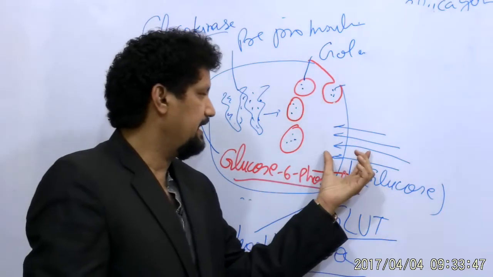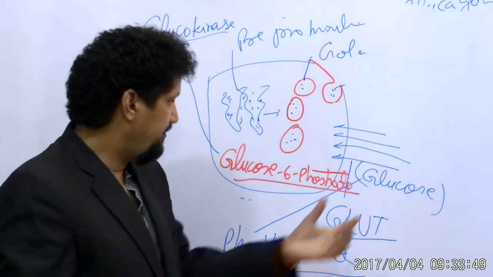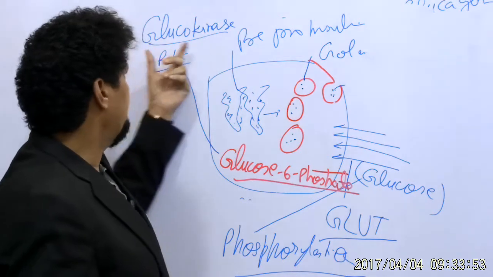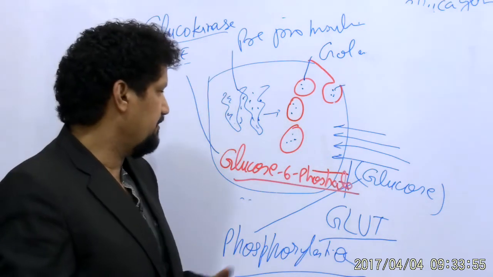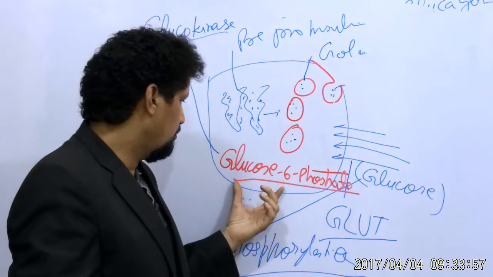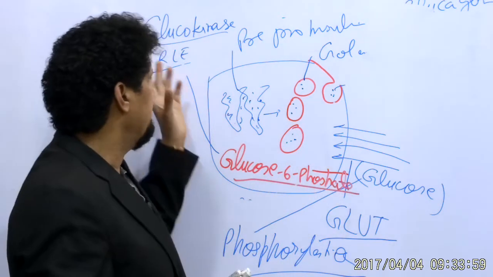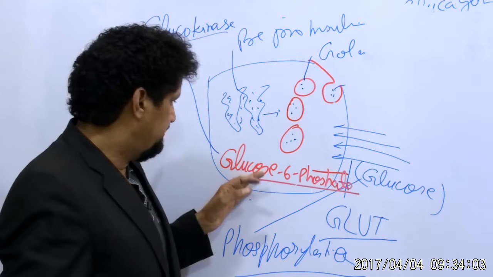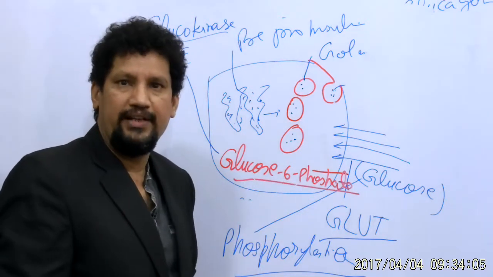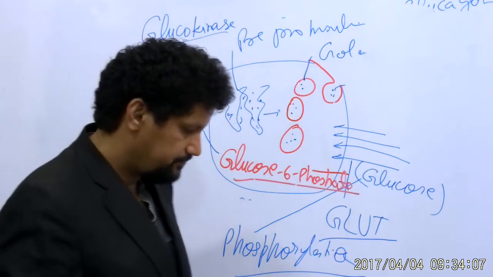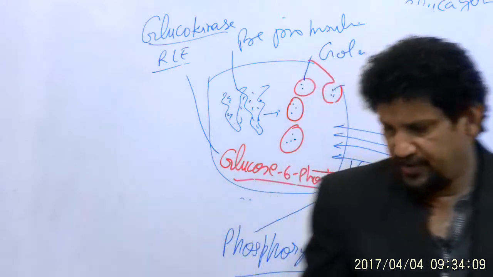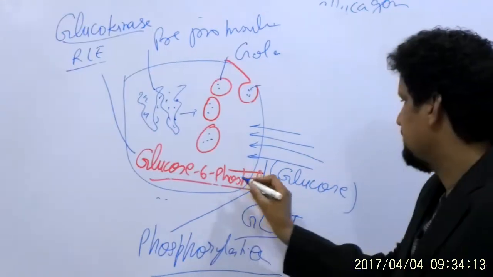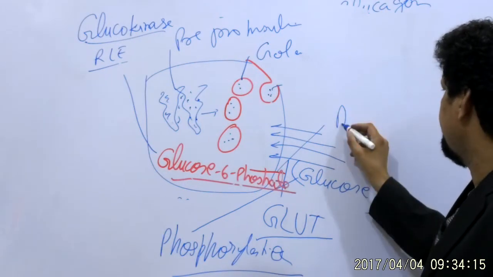Glucose is entering the cell by diffusion. After entering the cell, the glucokinase comes into action and converts the glucose into glucose 6 phosphate, and this is the rate limiting enzyme in this reaction. This glucose 6 phosphate will go into further oxidation, and after further oxidation it will form ATP.